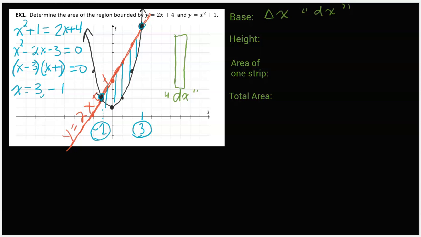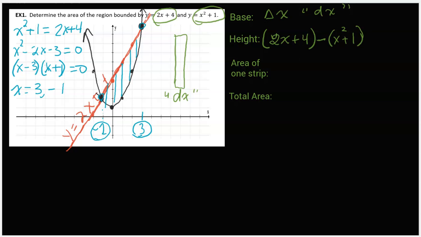Red minus black would be this right here minus this right here. So that would be 2x plus 4 minus x squared plus 1.